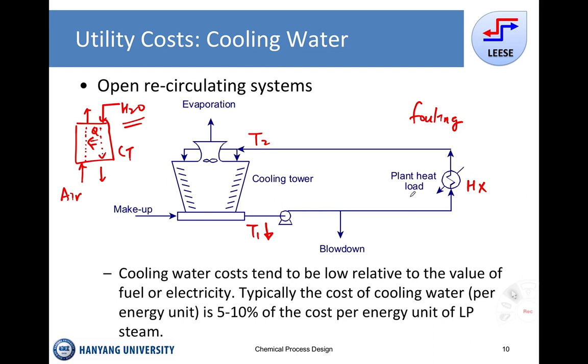So one of the techniques is taking out some of the water intentionally from the recirculating circuit. So some of the water is taken out intentionally, then supplemented by so-called makeup water. So the principle for the blowdown is to take out some contaminated water from the system and supplement with some clean water. So that allows regulation of the water quality inside the circuit.